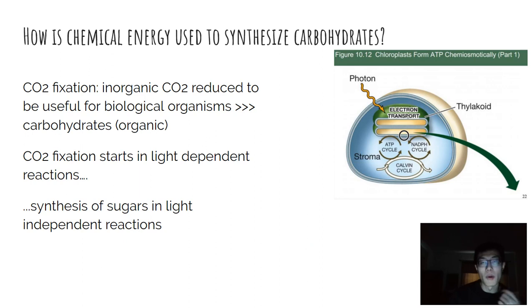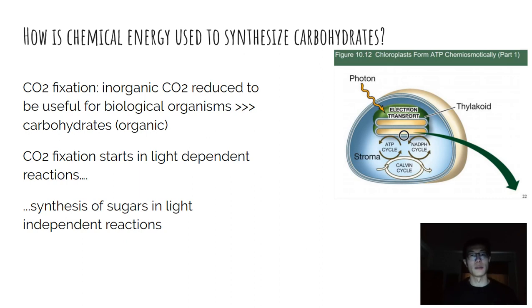Now, if we look more into the synthesis of carbohydrates, one of the big questions, of course, is what exactly happens? So we have carbon dioxide fixation, which is basically converting carbon dioxide from a more oxidized form to a reduced form. So carbon dioxide is very much oxidized.